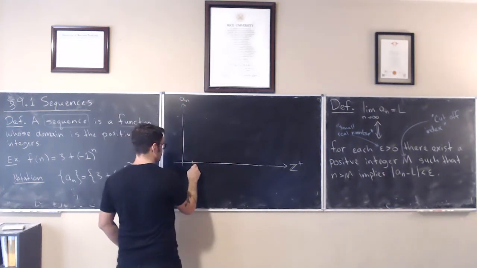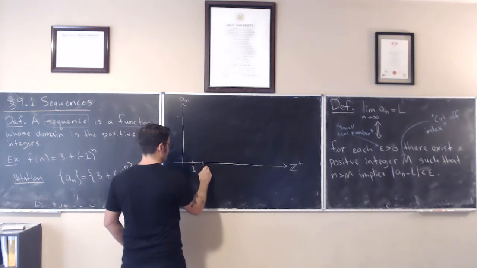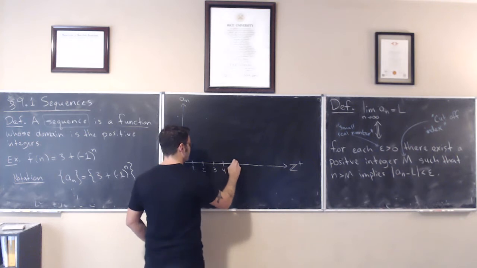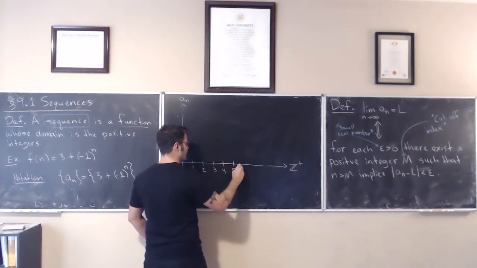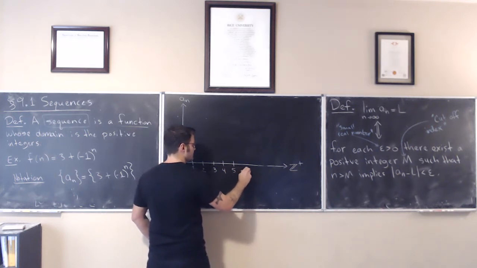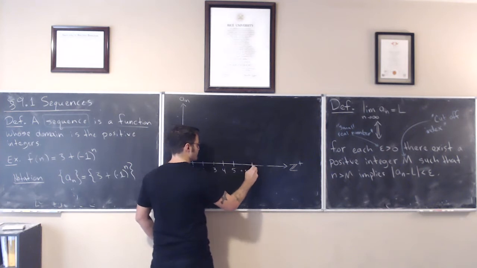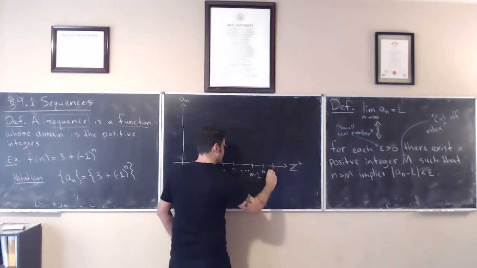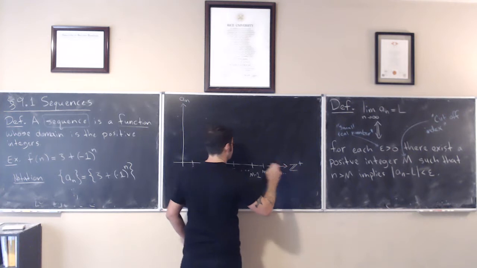So it looks like 1, 2, 3, 4, dot dot dot, M minus 1 maybe, M, M plus 1, dot dot dot.